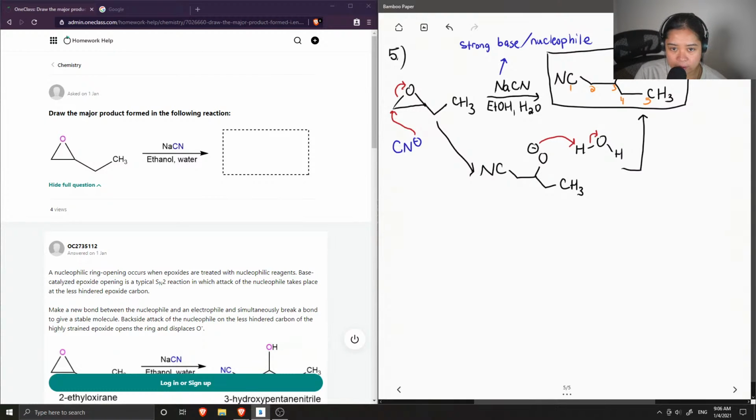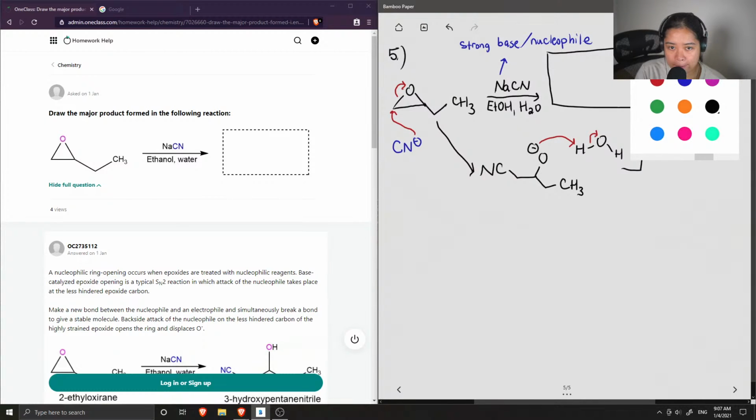And then on carbon 3 is an alcohol group. So to signify that, oh, you guys can't even see the final structure. Hold on, let me move this down a bit. Okay, so we have the cyanide group.